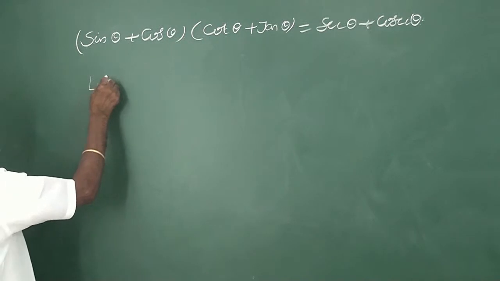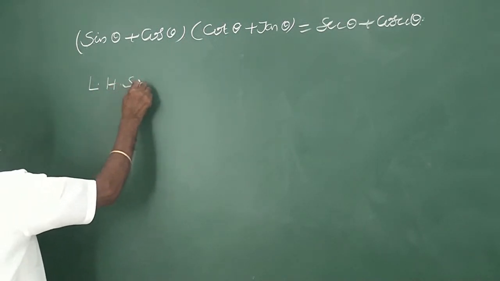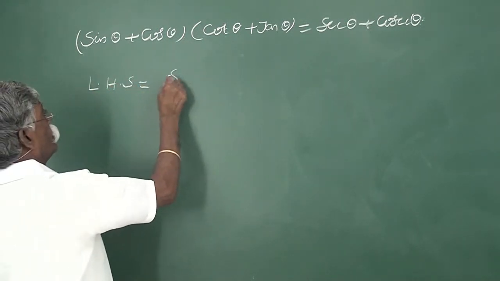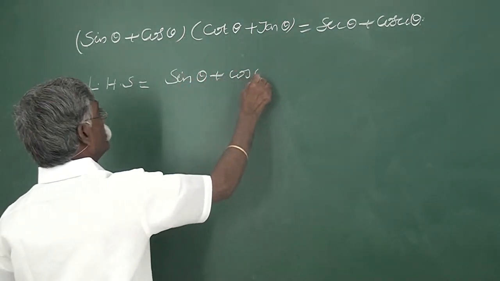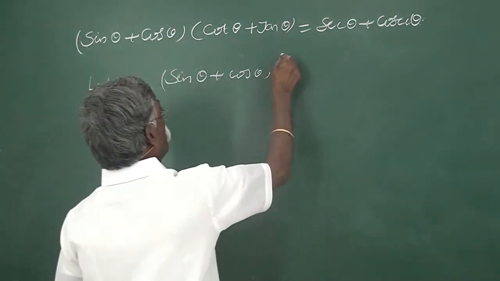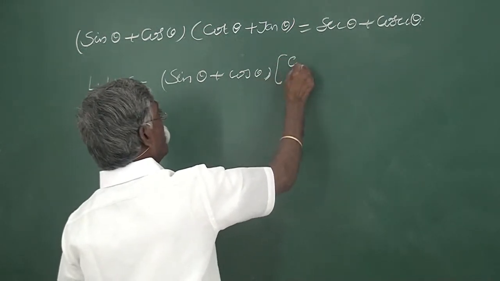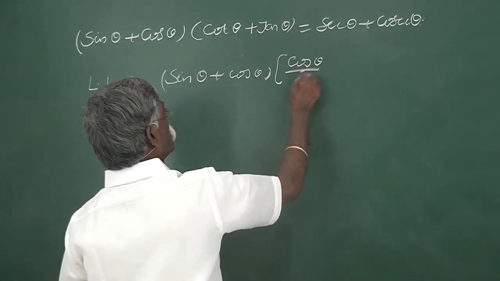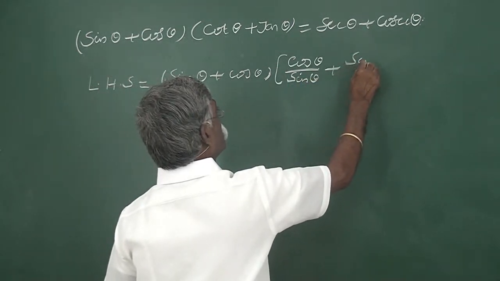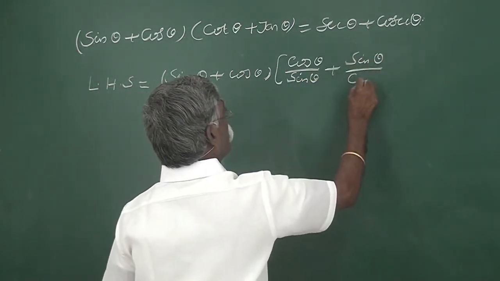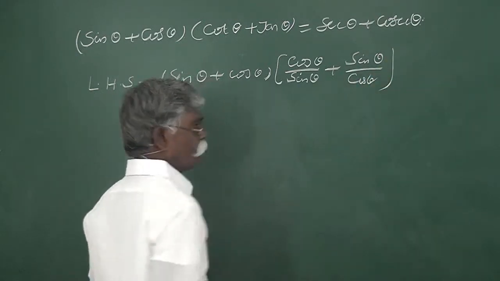LHS, the first one we are keeping as it is, sin theta plus cos theta. The remaining part we will change into sin and cos. So this is cos theta by sin theta plus this is sin theta by cos theta.